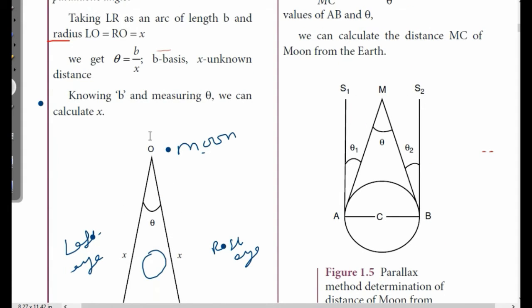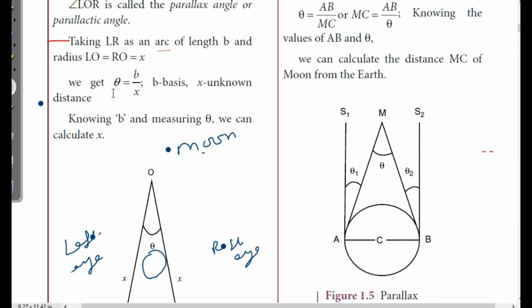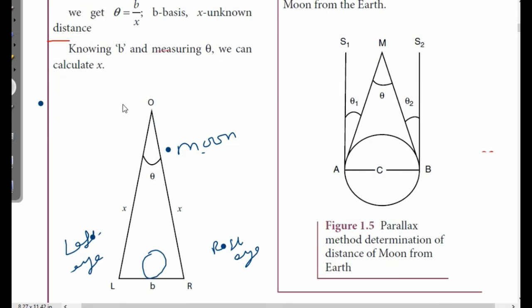Then we see from the right eye, closing the left eye, and note the angle. We get an angle, which we take as theta. That theta is equal to B by X.